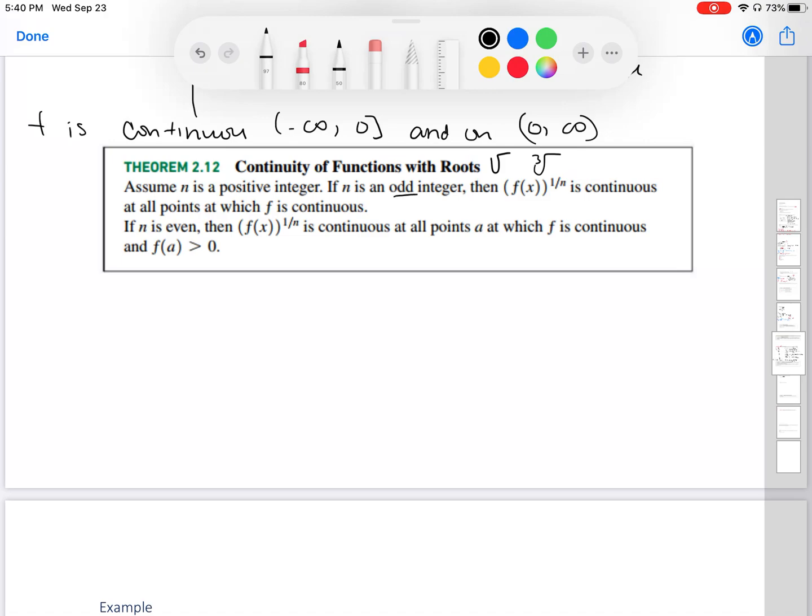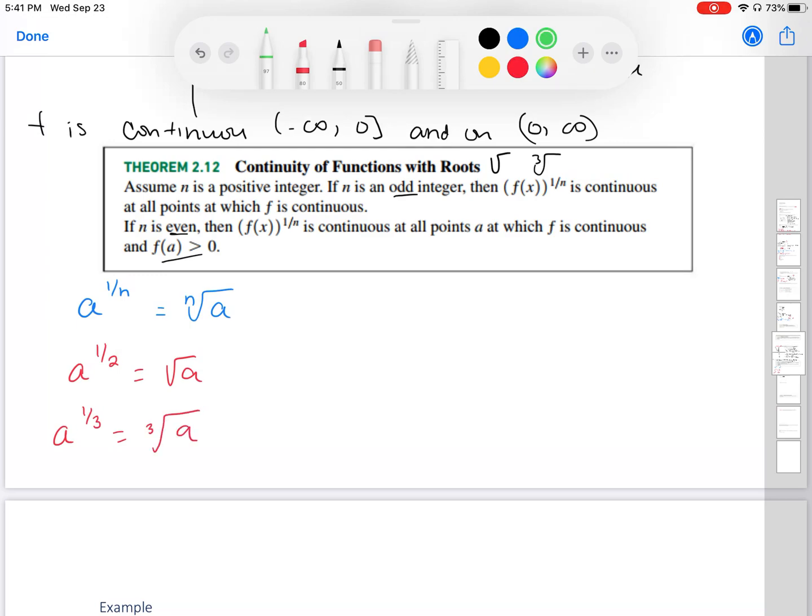Okay, so we're looking at odds and evens. Why are we taking a look at odds and evens? Well, just so you don't get lost in the wording: if I have something raised to the 1/n power, that means the nth root of that number. So if a is raised to the 1/2 power, that's the square root of a. If a is raised to the 1/3 power, it's the cube root of a.